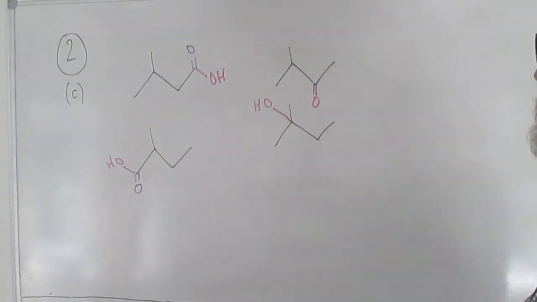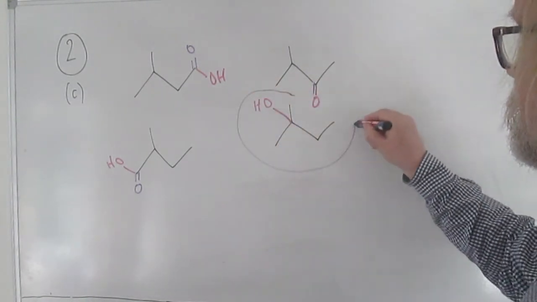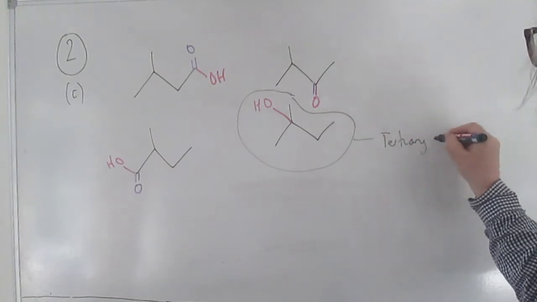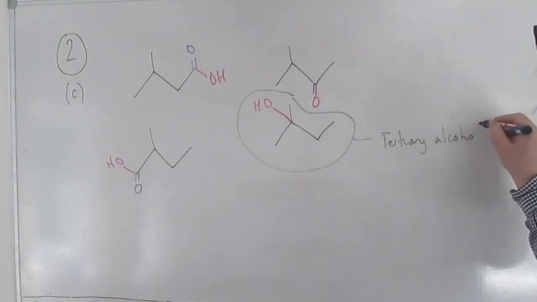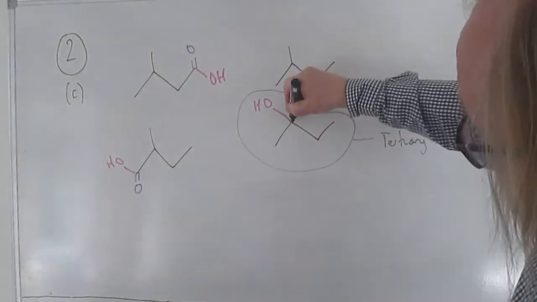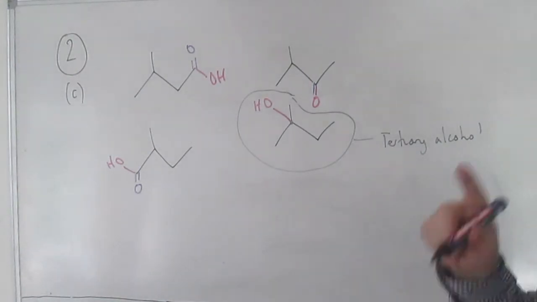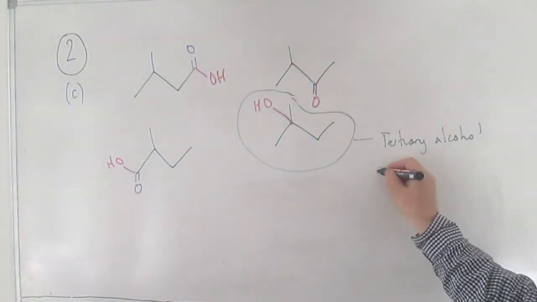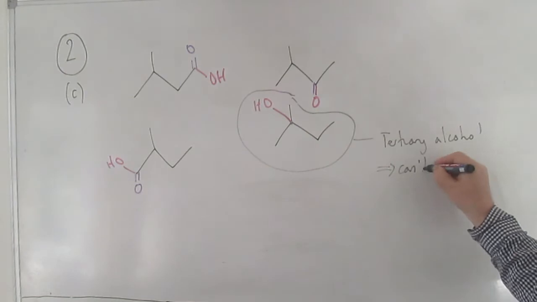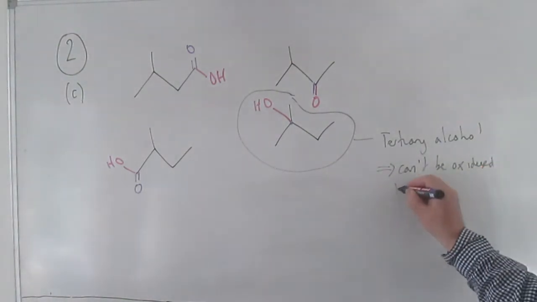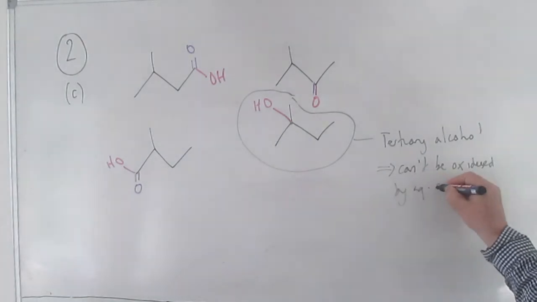Okay, because it's a tertiary alcohol, meaning that the carbon with the OH, so this one, has 1, 2, 3 other carbons attached, and tertiary alcohols can't be oxidized by aqueous acidic potassium dichromate.